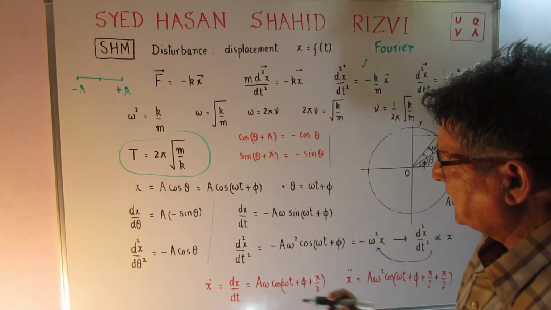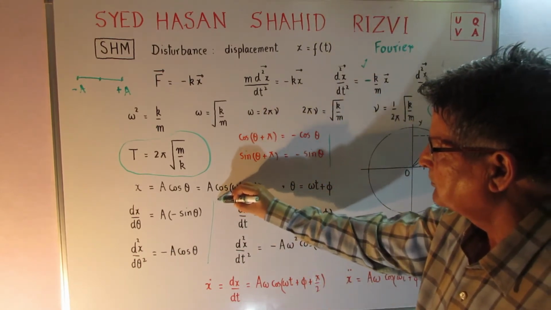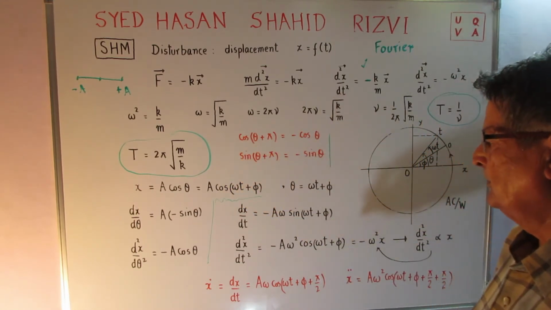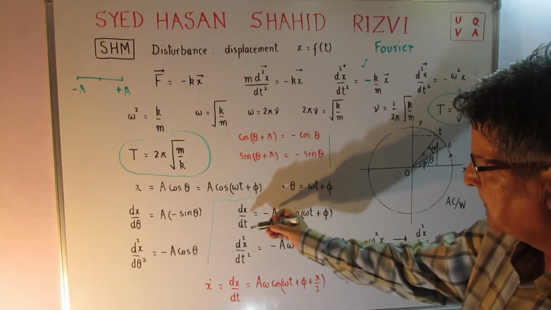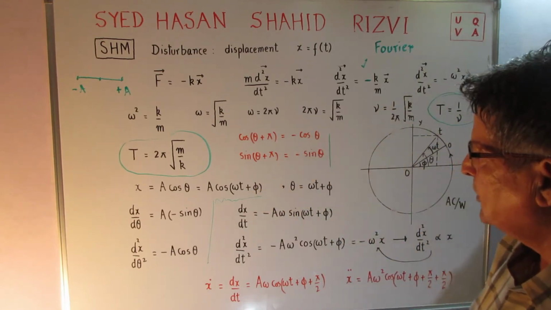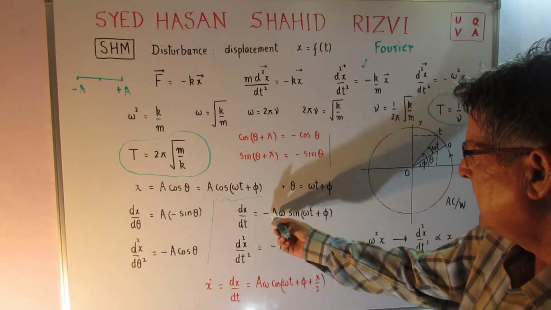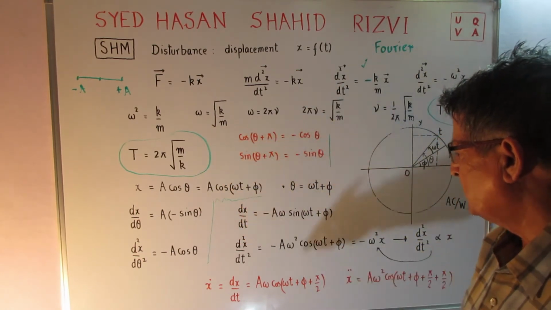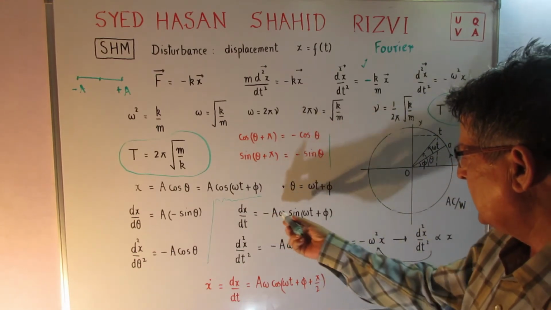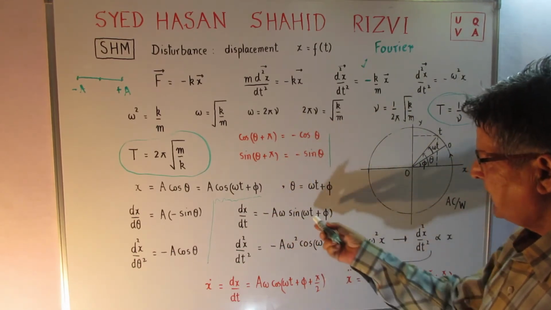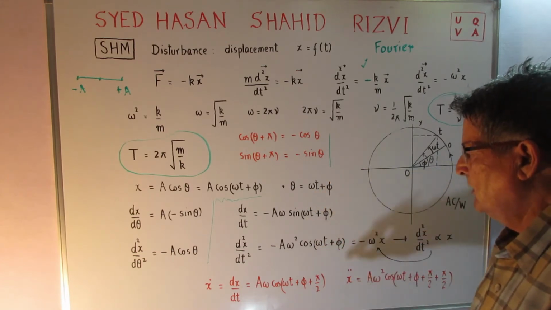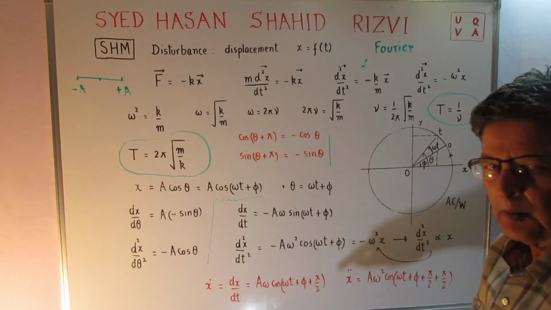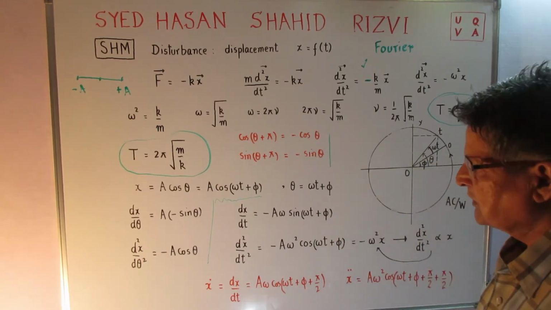Now let us take the second one, a cos of omega t plus phi, and take d/dt, or x dot. dx/dt will become equal to a, which is a constant, and for cosine of omega t plus phi I get minus sine of omega t plus phi, and when I differentiate this argument of sine, I get omega plus 0 because phi is a constant.